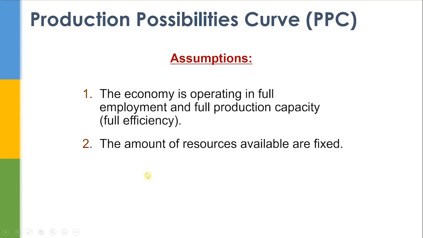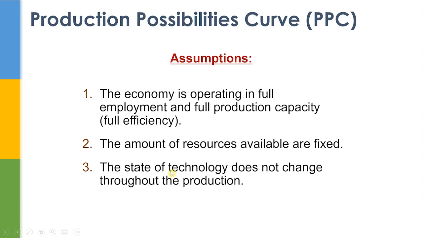So it operating in full employment and full production capacity. The amount of resources available are fixed. Okay, so amount of resources ni memang ada lah maksudnya, tapi fixed. And the state of technology does not change throughout the production. So throughout the production ni, not all of a sudden you use like advanced technology and such, tak ada. So sekarang ni teknologinya masih sama lah.